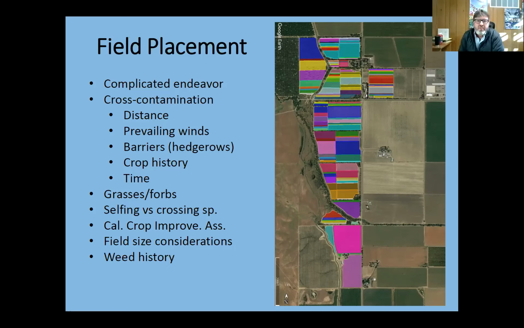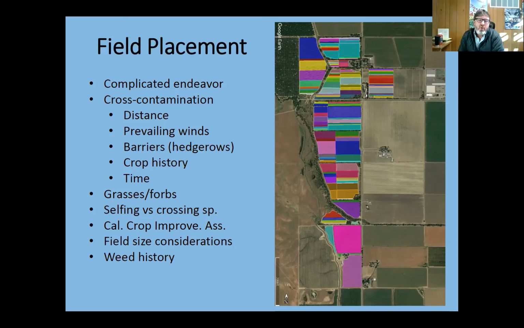The main thing, of course, is that you want to minimize any potential cross-contamination. With these various ecotypes that you work so hard at producing, you want to make sure that you're not having hybridization. And so distance between the crops is the primary thing that you look at, and that distance can vary depending upon if it's a selfing or a crossing species.